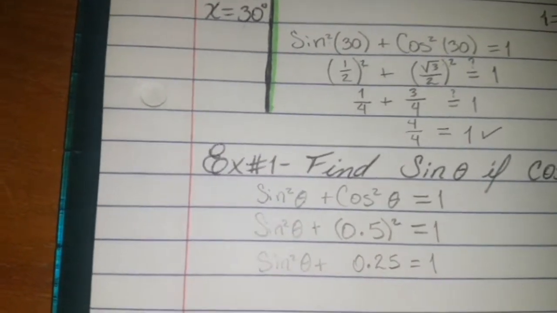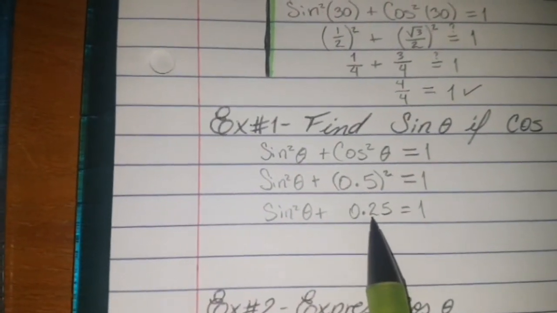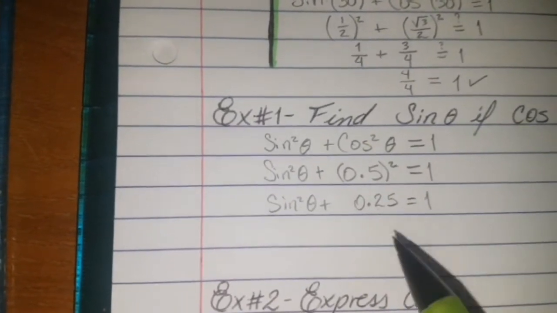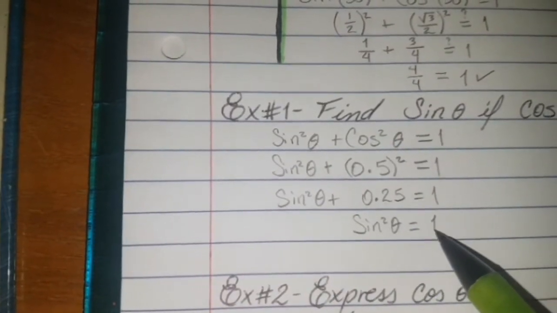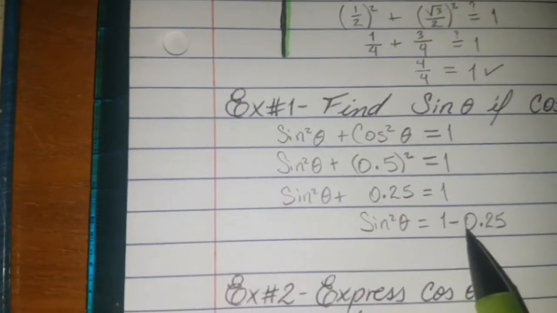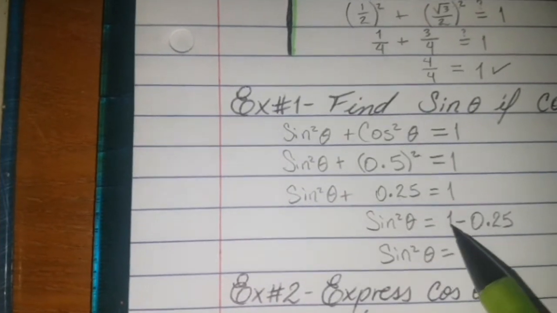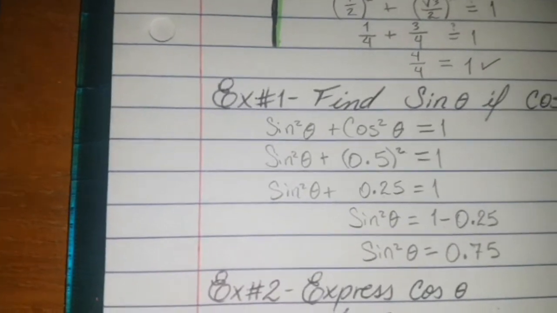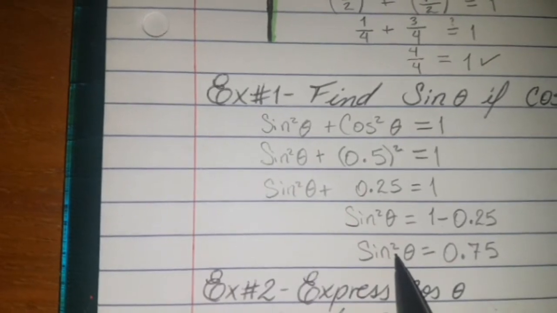That equals 1. Remember, we're isolating sine, so I have to get rid of the 0.25 with the inverse operation. I'm going to bring it to this side of the equation, subtracting. So sine to the second power of theta equals 1 minus 0.25, which is 0.75.